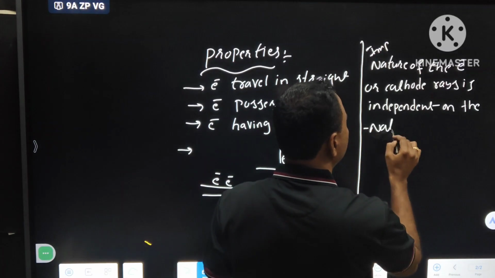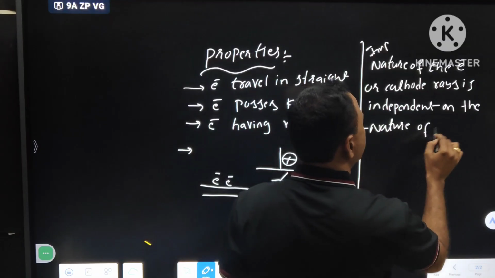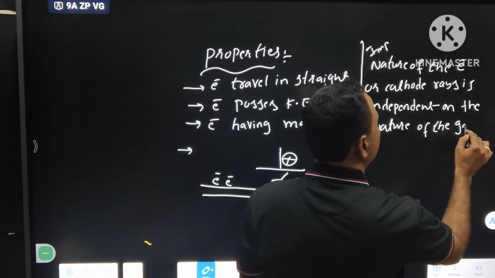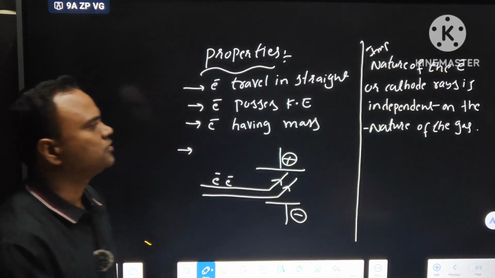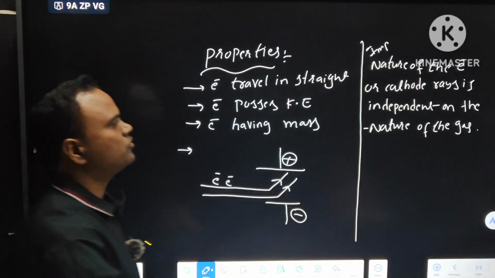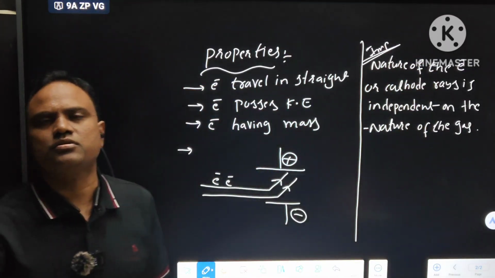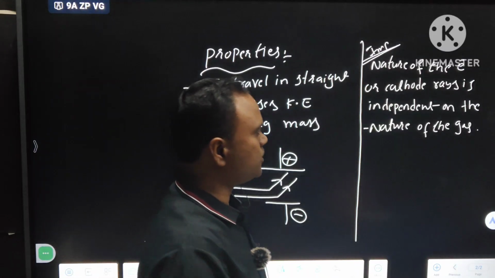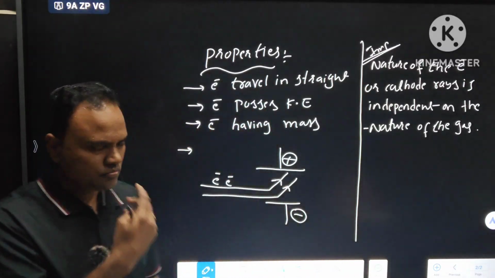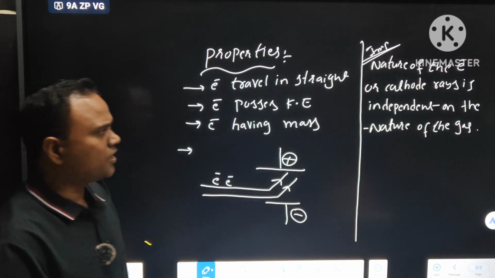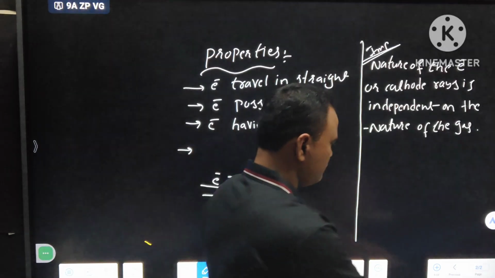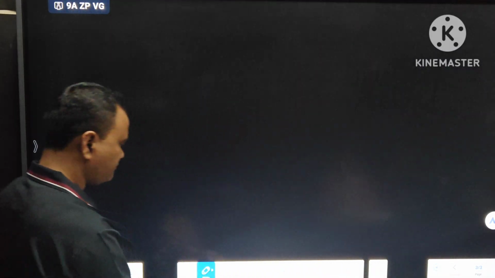Cathode rays are independent of the nature of the gas or the nature of the metal plate. They do not depend on anything. Okay.